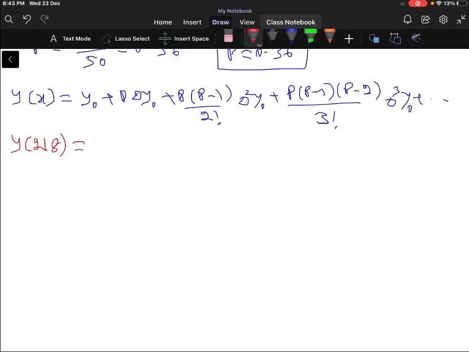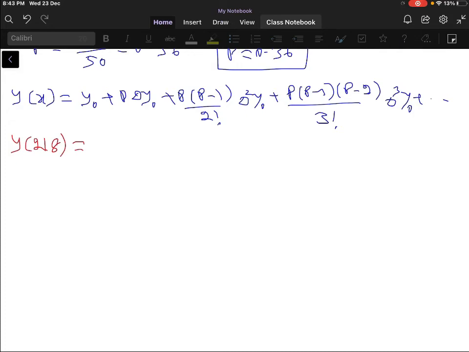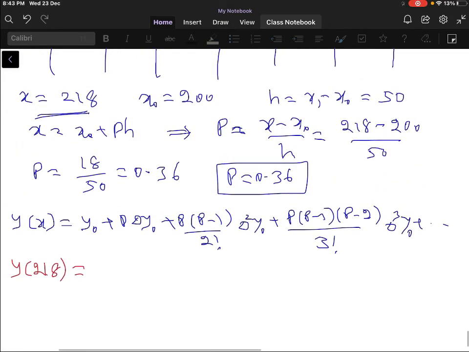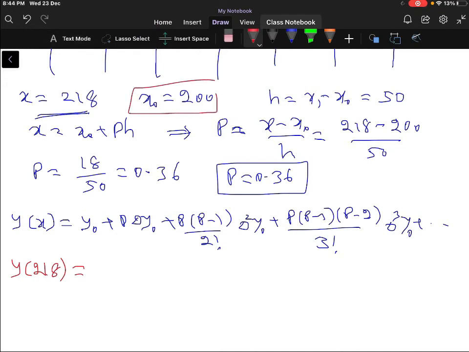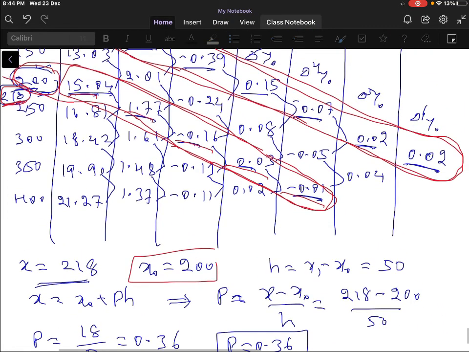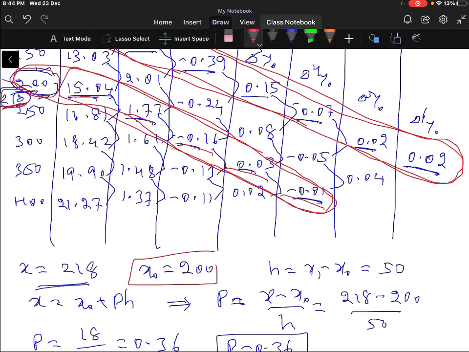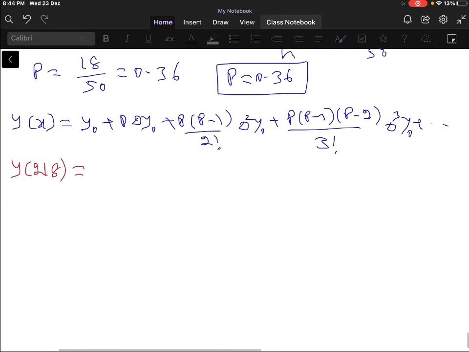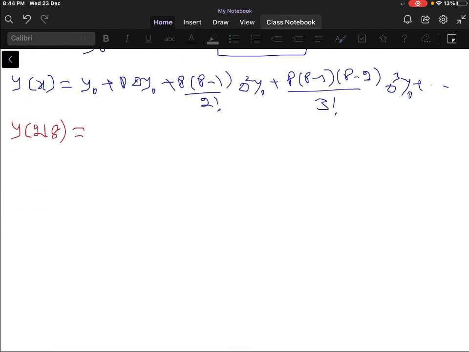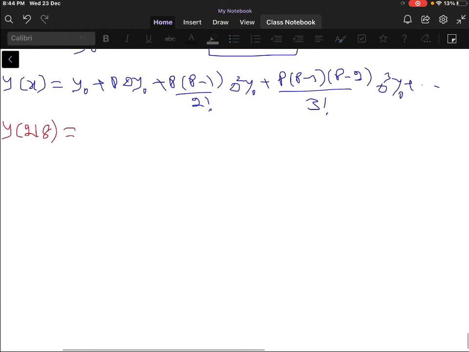So therefore y of 218, where x naught is taken as 200, y naught is 15.04.